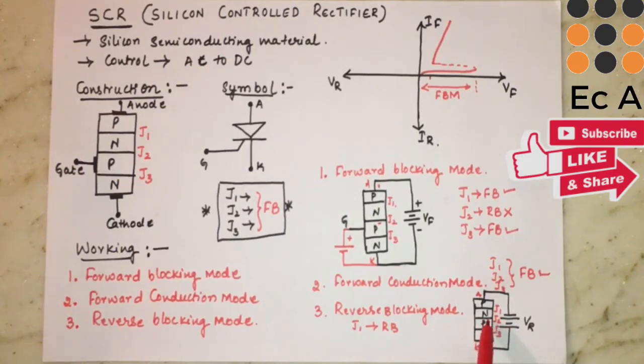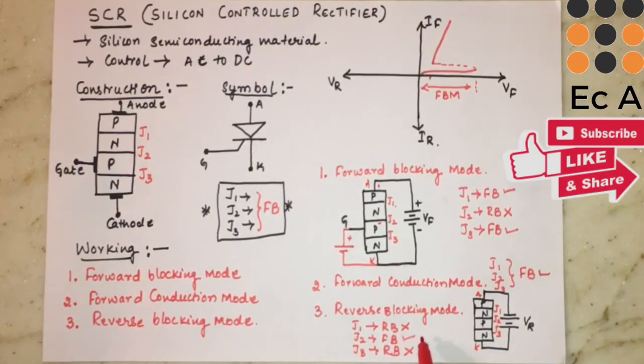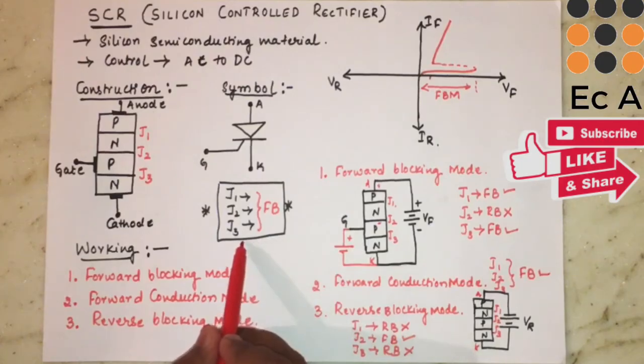Junction J2 will be forward bias because negative is connected to the N side and positive is connected to the P side. Junction J3 will be reverse bias, with negative connected to P and positive connected to the N region. You can see junction J1 is reverse bias, junction J3 is reverse bias, junction J2 is forward bias. So this will not satisfy the condition where all three junctions should be forward bias.